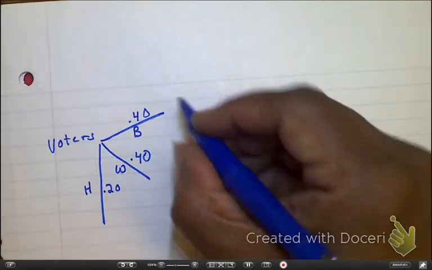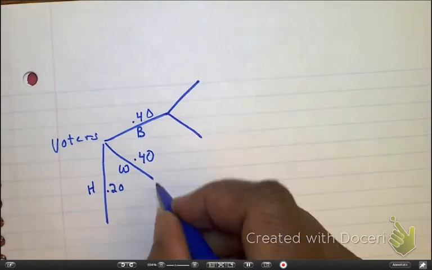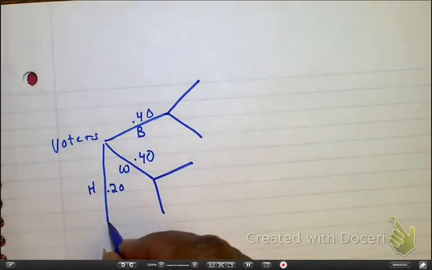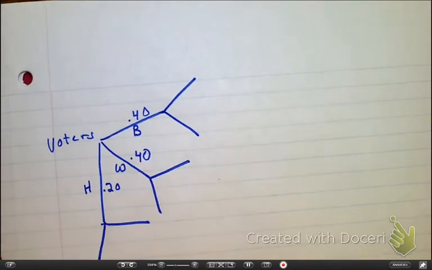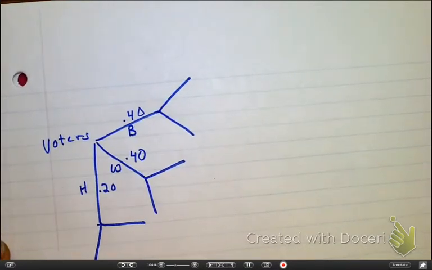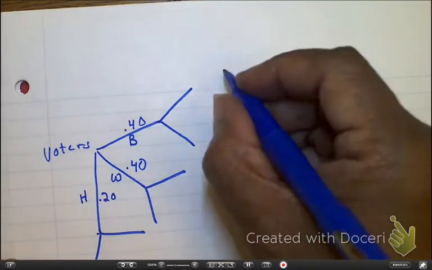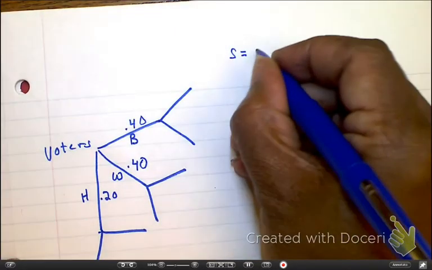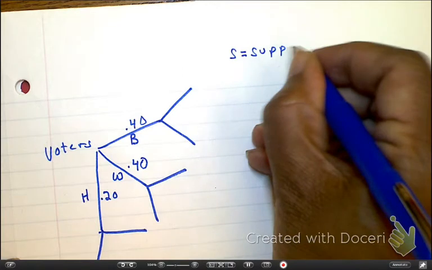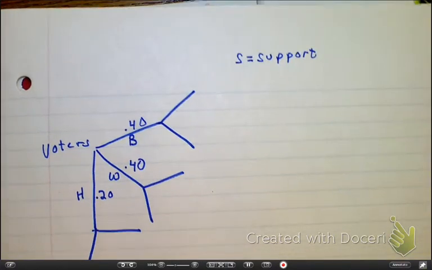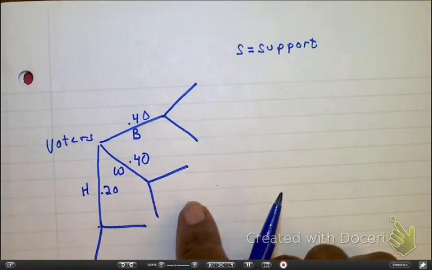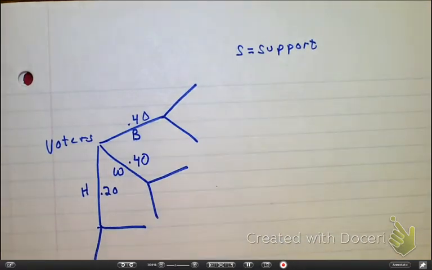But then you've got this mayoral candidate, and with that mayoral candidate, here they either support him or they don't. So here I'm using S for support. And of course, somewhere you need to have written down B for black, W for white, and H for Hispanic.